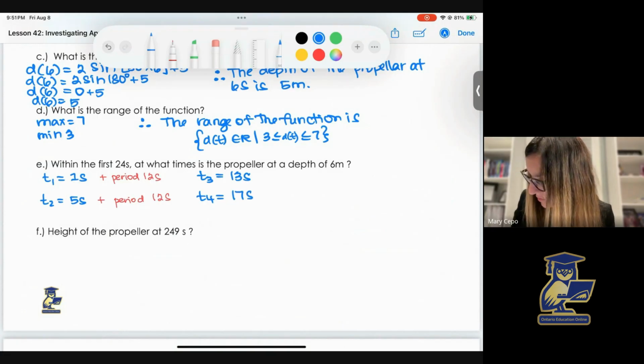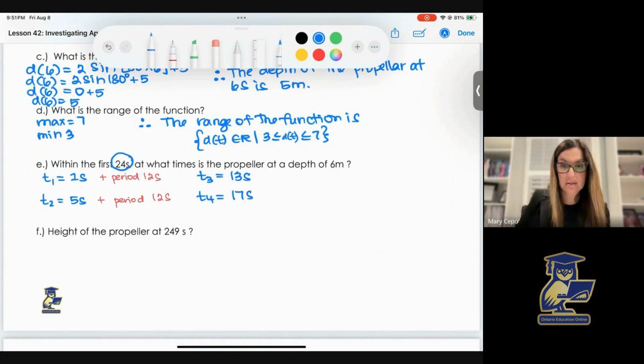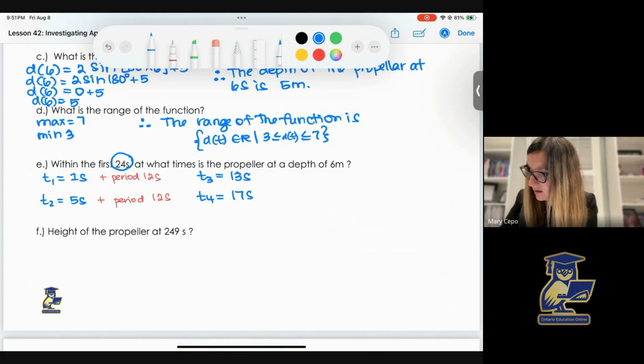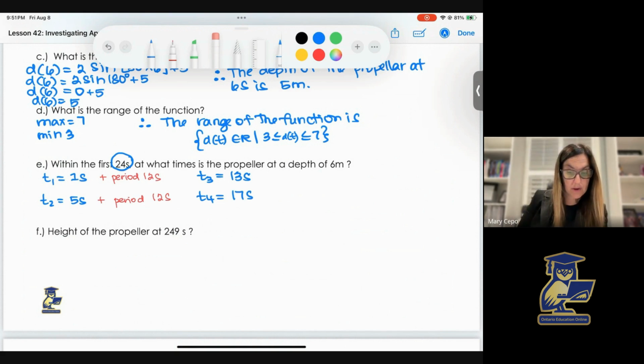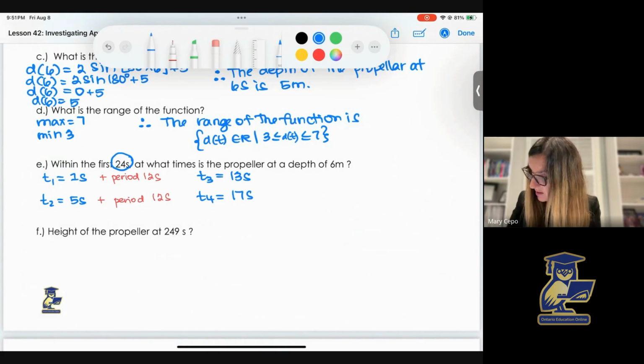Now it asks for the first 24 seconds. If you add another period of 12 seconds, you would be at 25 seconds, and that would be beyond what they are asking. So don't forget a therefore statement.